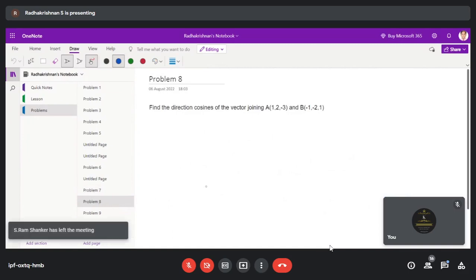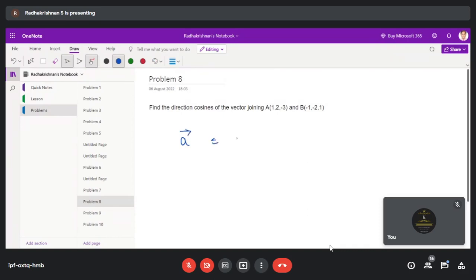Okay. Let's do another problem. Find the direction cosines of a vector joining these 2 points. Let us say this is point A and B. What is the vector that joins these 2 points?